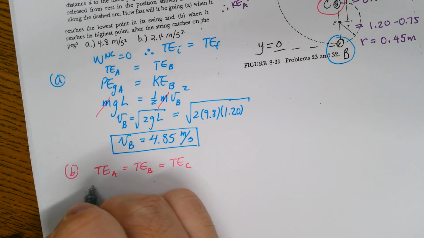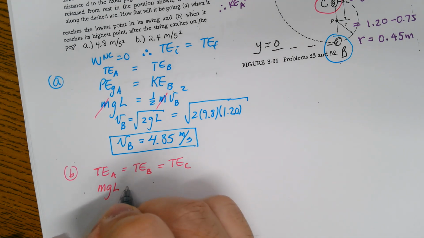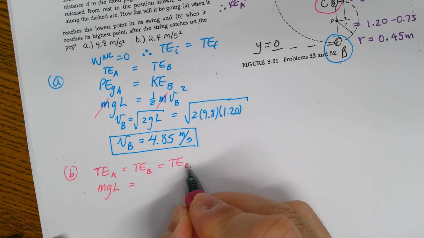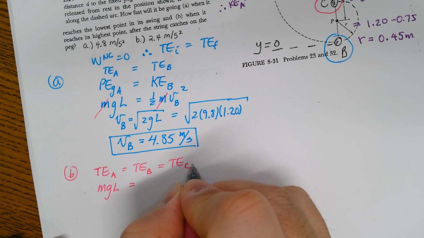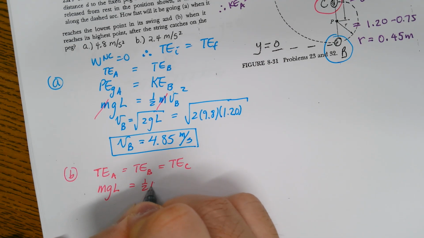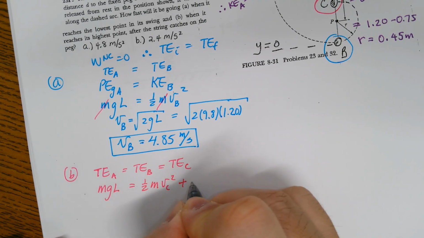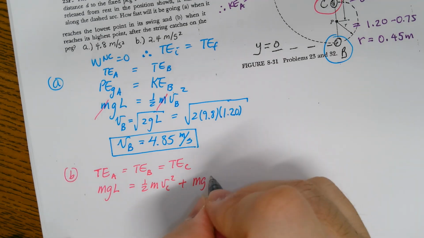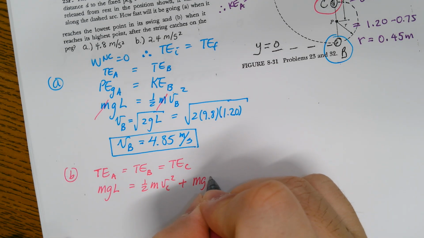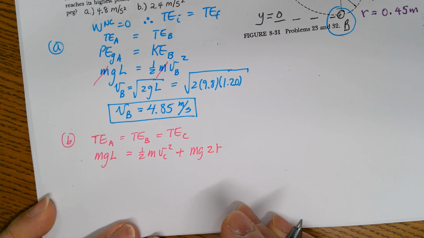So I'm going to say mgL is equal to total energy at C. I have kinetic energy at C plus potential energy at C. Okay?